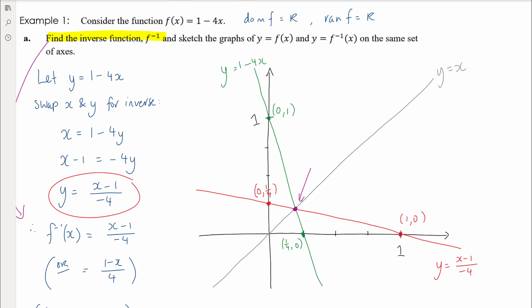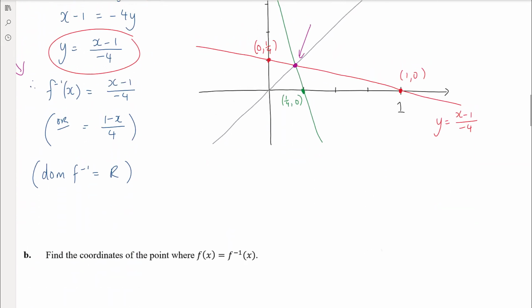So that comes back to that whole idea, if you were to take your original function and sub it into your inverse function, or vice versa, you get x. And that is essentially telling you that the two graphs are intersecting on the line y equals x. There are instances where inverse functions can intersect at points other than y equals x, but it's fairly rare, and once you draw your graph, you'll be able to see that and calculate them separately.